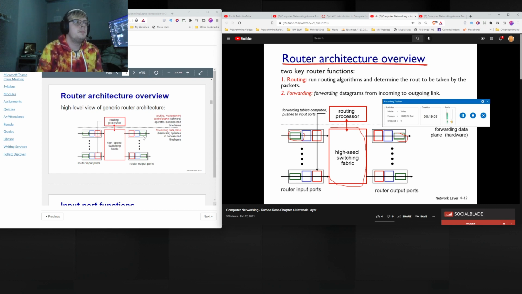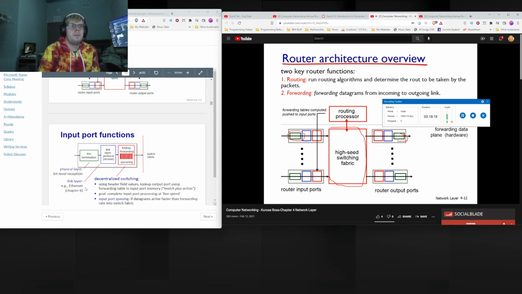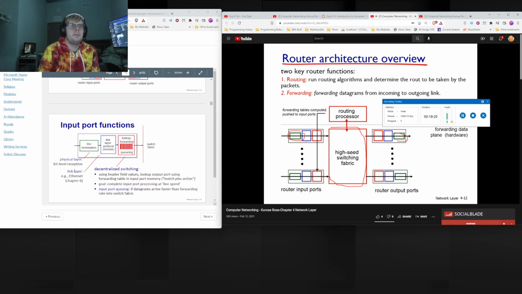It also performs the data link layer function, which is represented by the middle box in the input and the output port, and it also performs the lookup and the forwarding function, which is represented by the rightmost box in the input port and the leftmost box in the output port, which is the red color box.